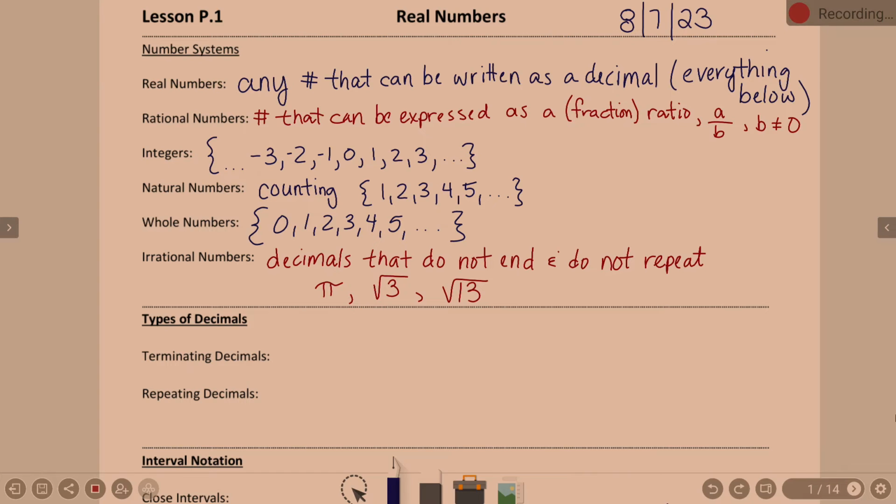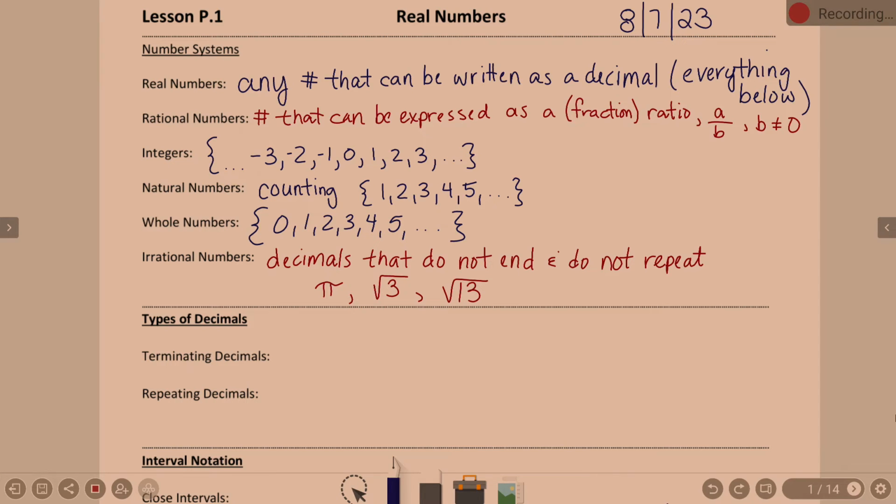They don't repeat and they don't, or no, they do end, right? If something's terminated, it's ended, right? So anytime I think terminate, I start thinking Terminator movies. But terminating decimals are decimals that end.